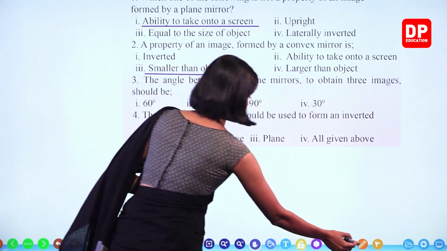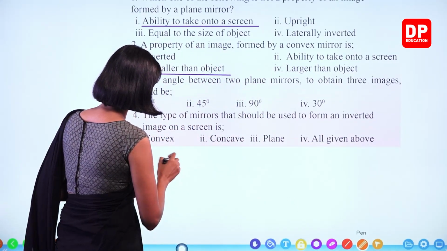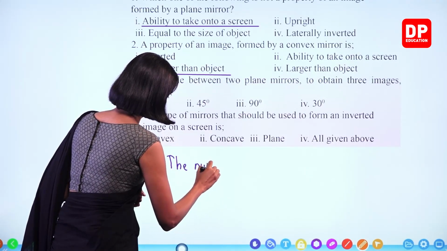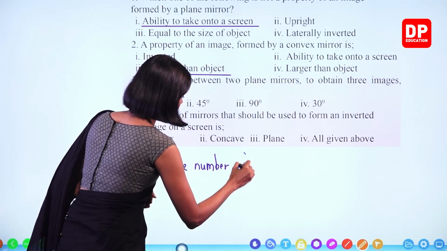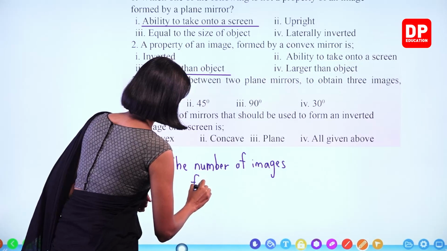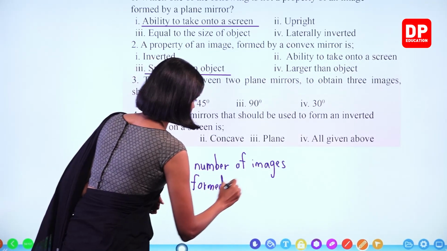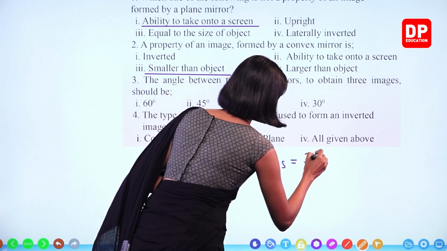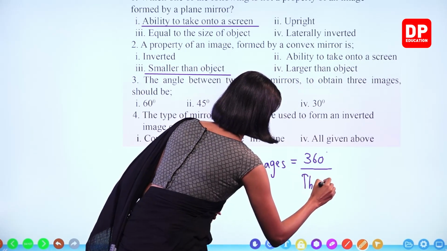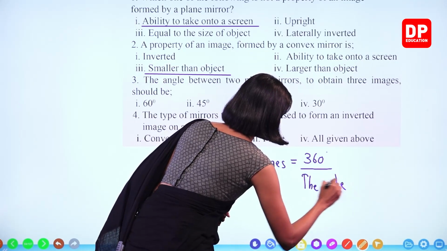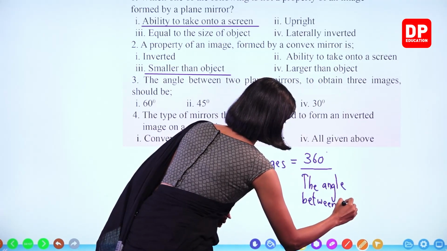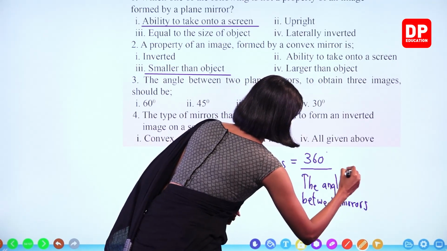When we use, you remember that we used the number of images formed is equal to 360 degrees divided by the angle between mirrors minus 1.